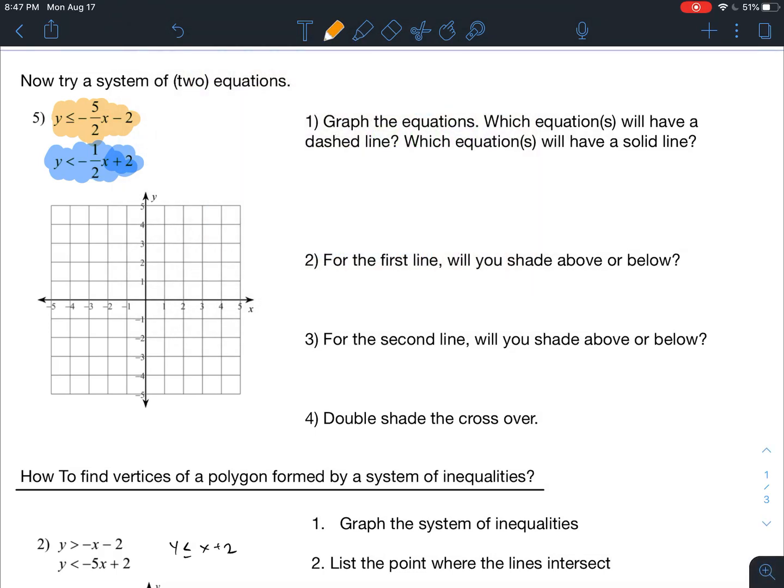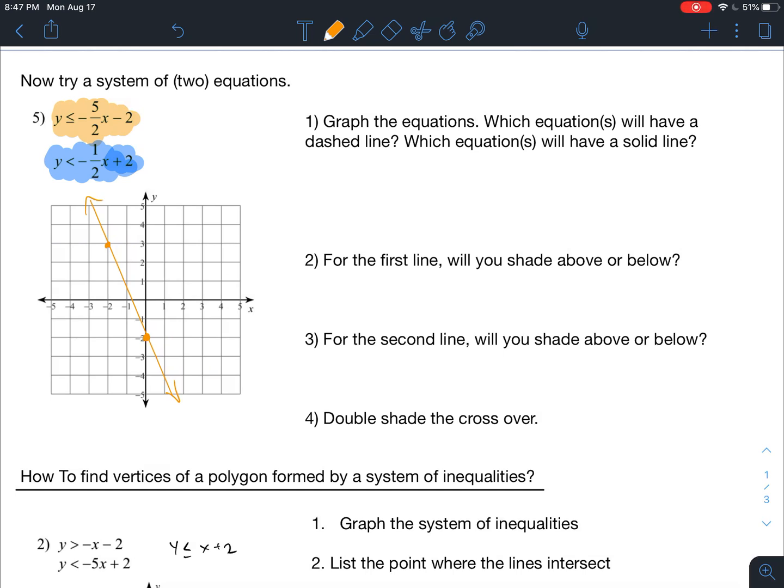Okay, so let's draw the orange line. So it intersects at negative 2 and has a slope of negative 5 over 2. Right there. That seems pretty good enough for me.